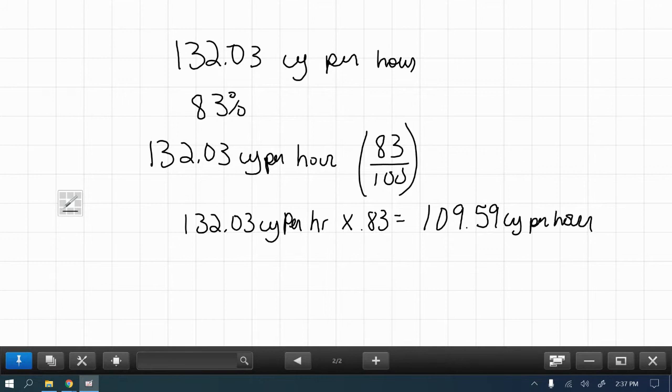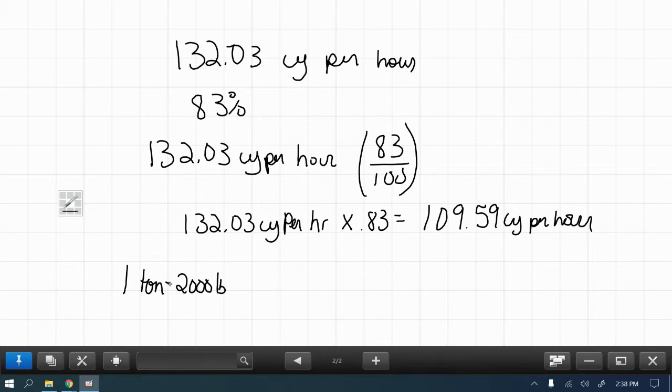Okay. Now we're not through yet, because we're in cubic yards per hour, and it wants to know compacted tons per hour of asphalt. And we have to factor in what our density is. So if that's in cubic yards, 1 ton is 2,000 pounds.